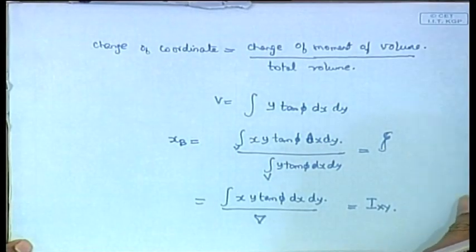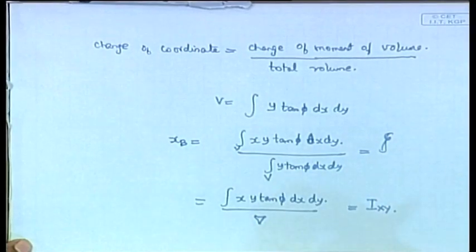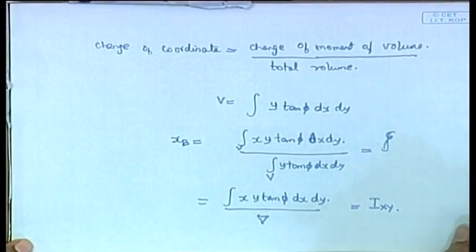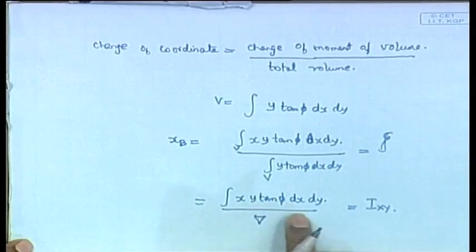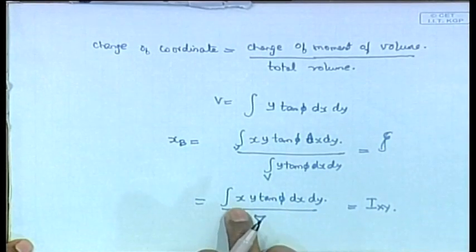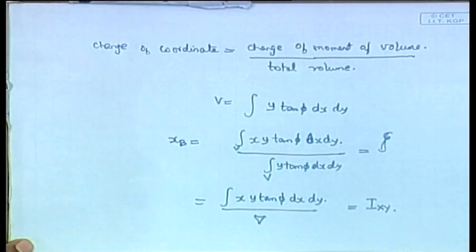Moment of inertia is defined as moment of volume, I believe, or moment of mass, it does not matter. So, y tan phi dx dy is the volume, or if you multiply it by rho, it is the mass, and multiplied with x and integrated, that will give you the moment of inertia.